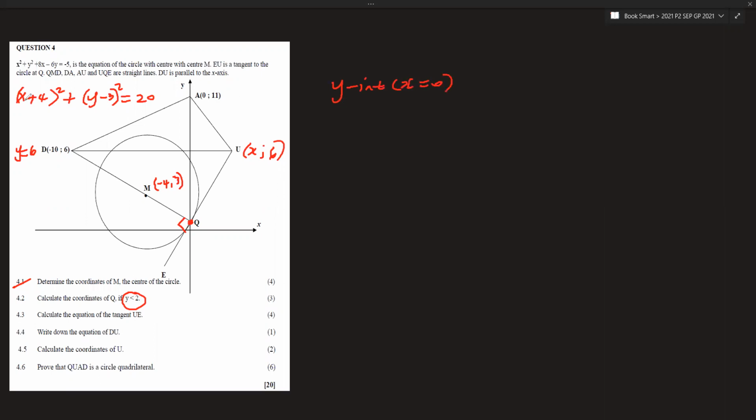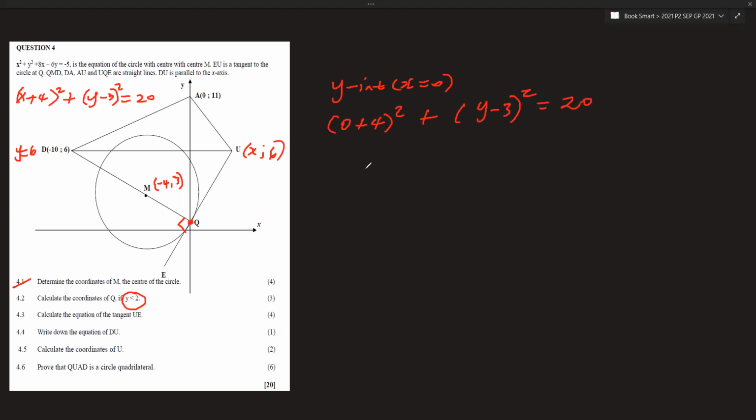So I'm going to substitute 0 there. So 0 plus 4 squared, plus y minus 3 squared equals 20.